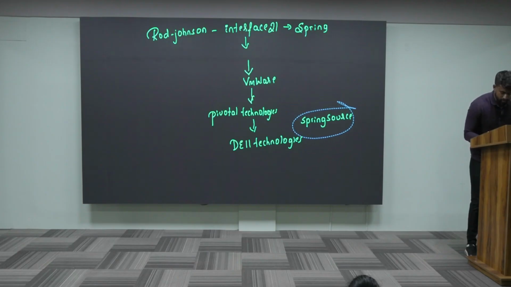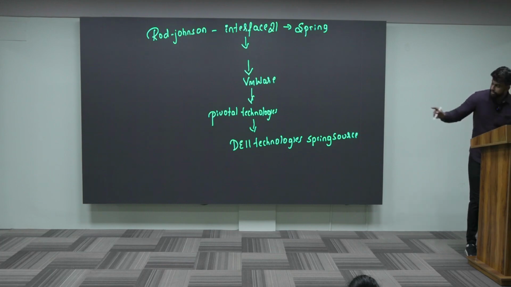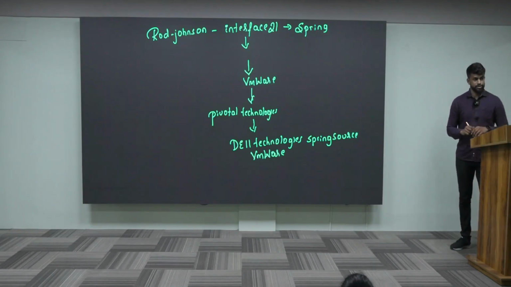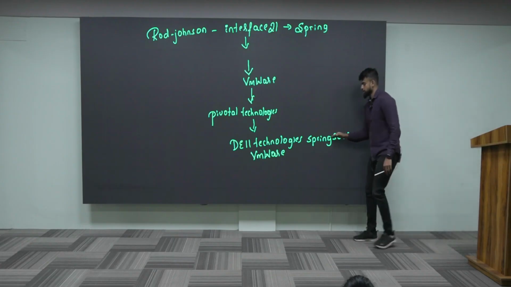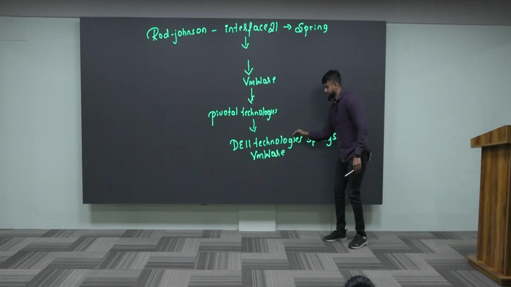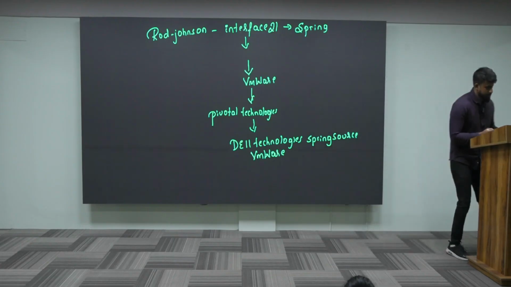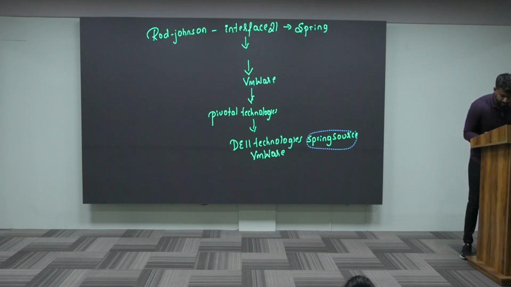From Pivotal Technologies to Dell Technologies. And actually, your Dell Technologies also took VMware. Means VMware comes under one company known as what? Dell Technologies. And now Spring Source is under Dell Technologies. Exactly, if I have to tell, now also it is there in VMware only.